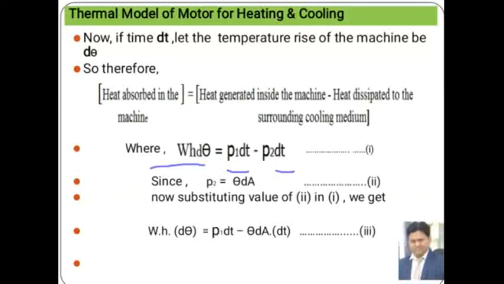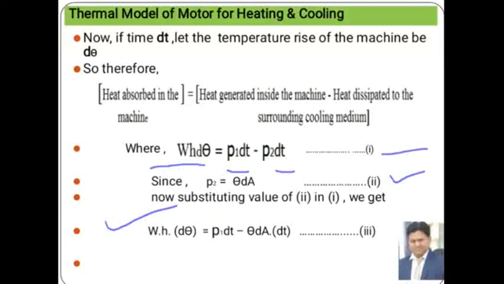This is our first equation. Next, P2 equals theta times d times A. This is our second equation. Now substituting the value of the second equation in the first, we get W h d theta equals P1 dt minus theta d A dt.